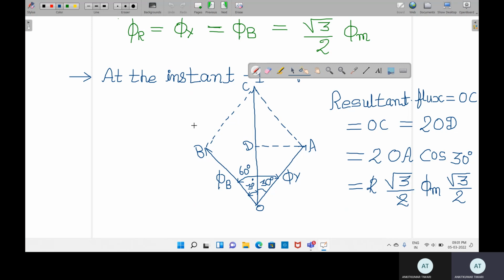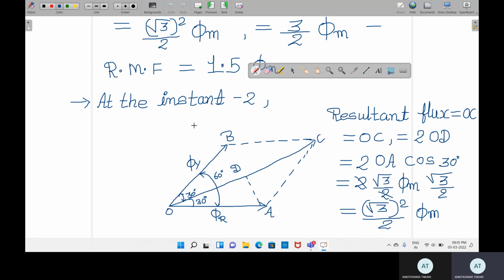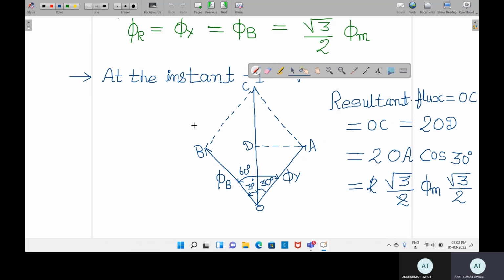So the vector representations have shown that the resultant of all the fluxes at a particular instant is about 1.5 times phi m, and it does not remain stationary. The resultant vector moves at a displacement of 60 degrees, which can be observed here. At the instant 1, it is vertical.